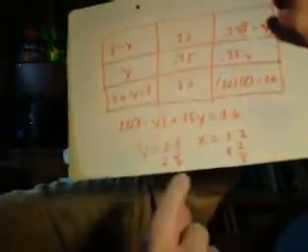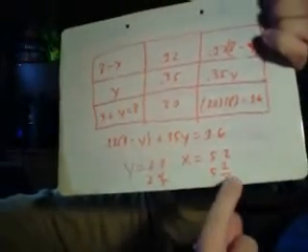And if you wanted to get more simplistic than that, we can go as far as to say that y is going to be 2 and 4/5 and x is going to be 5 and a fifth.